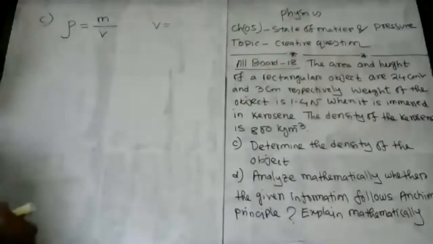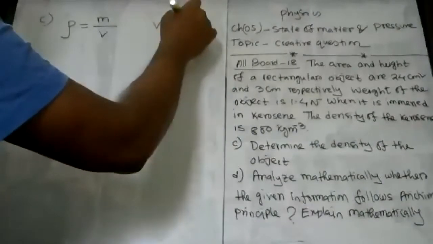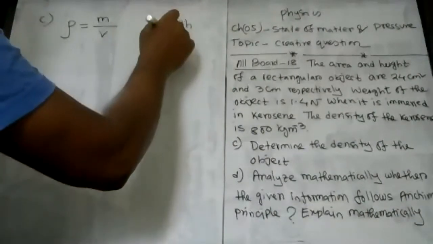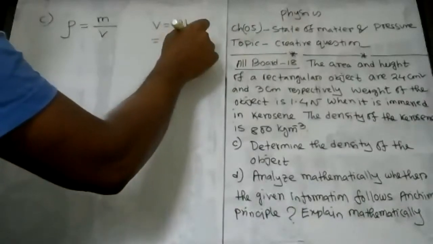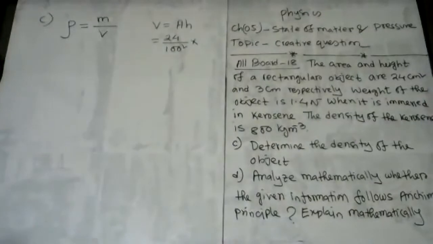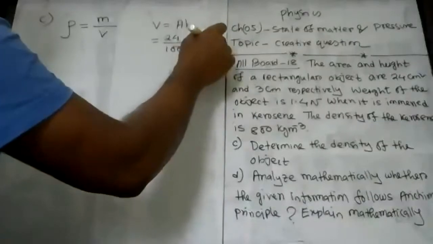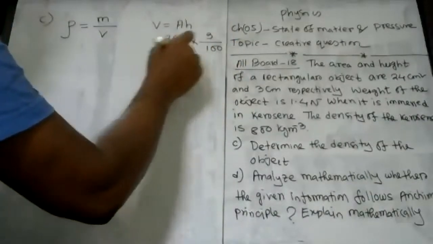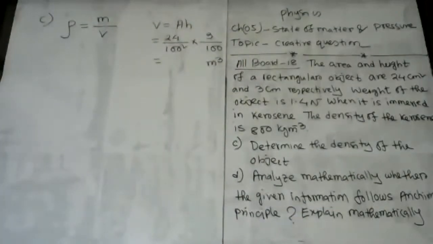It is the product of height and area, A into H. 24 centimeters square, you need to convert this into meters square by dividing by 100 squared. And then height H equals 3 centimeters divided by 100 meter, will equal to something meter cube. Now find out please what is the volume of this body.